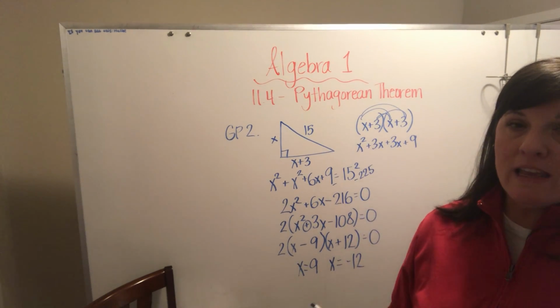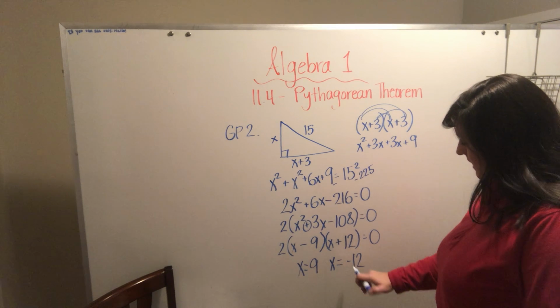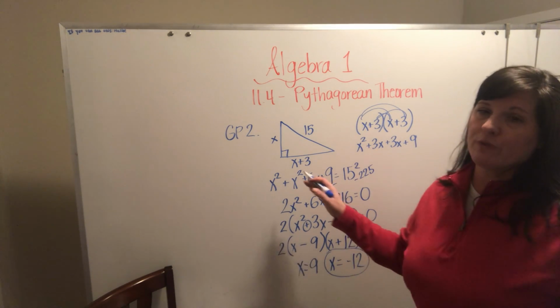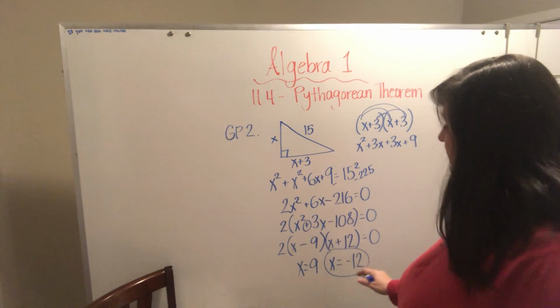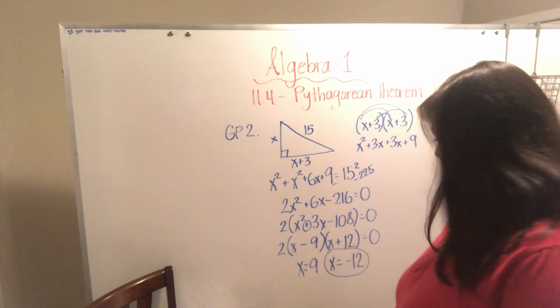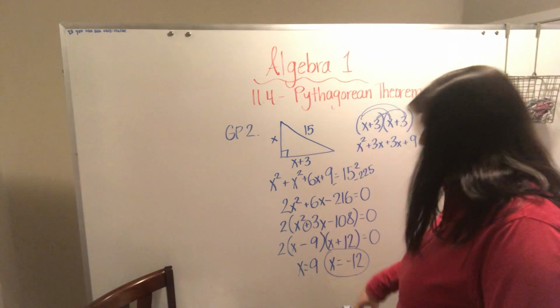Now, you're going to see how this works out, but when you get this answer for x, you have to recognize: is it possible for a side length to be negative 12? No. And it's math. You have to do things that make sense. So you can't just go, oh, it must be positive 12. That doesn't mean that you just flip a sign.